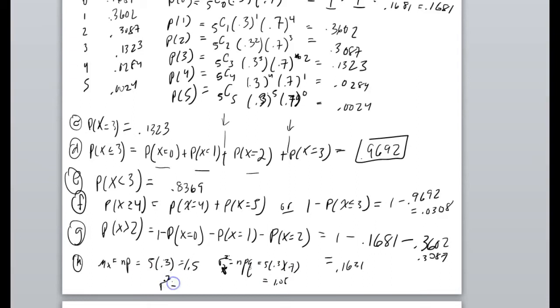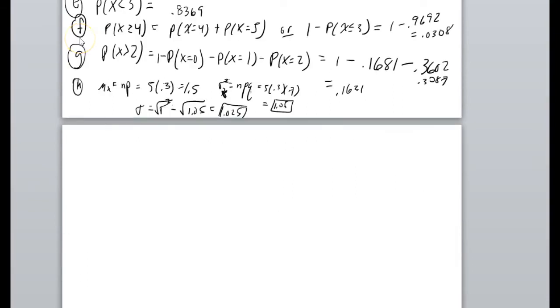Running out of room here. And that is going to be 1.025. And I guess because I ran out of room, a decent sized part of the problem.